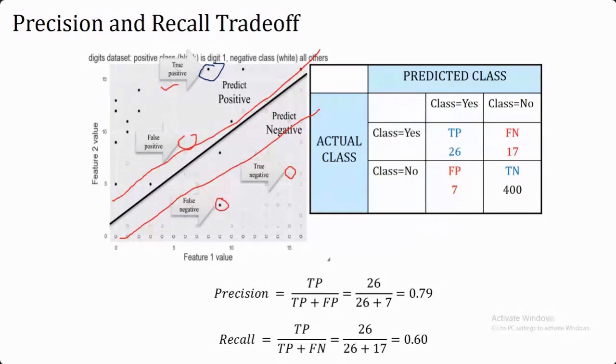Based upon that adjustment, the calculated values are going to be different, because based upon your newly created boundary there will be a change in all four values: your true positive, false positive, false negative and true negative. As these values change, your precision is also going to change, and your recall is going to change, because we calculate these values based upon this combination only.